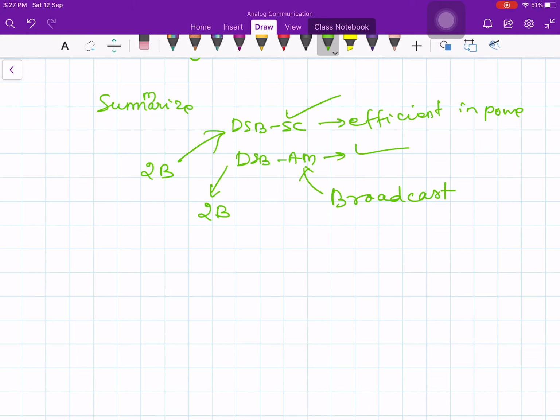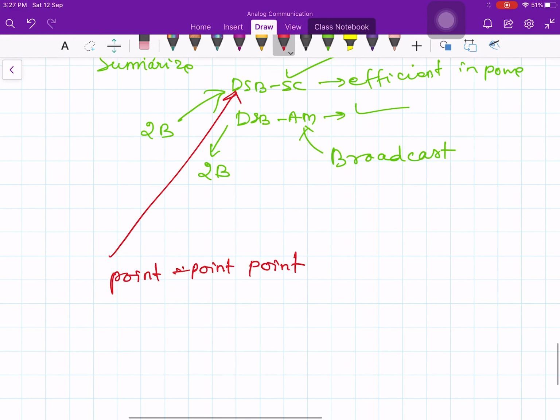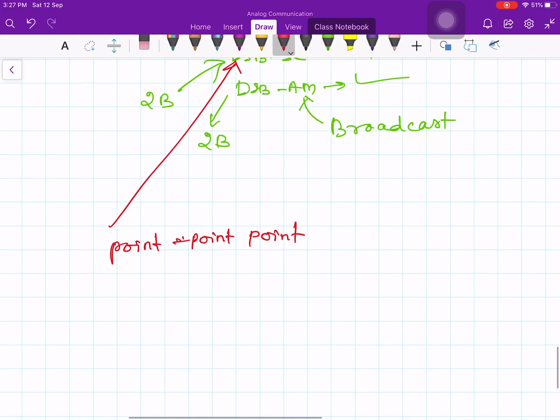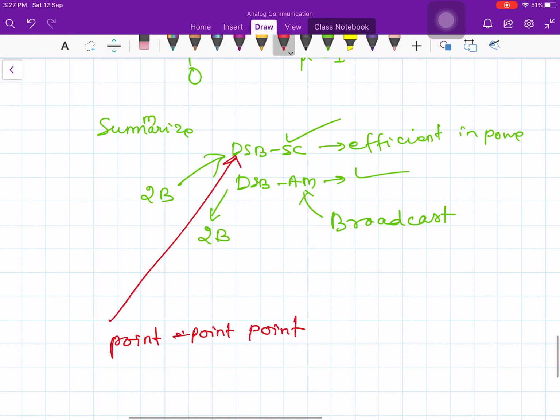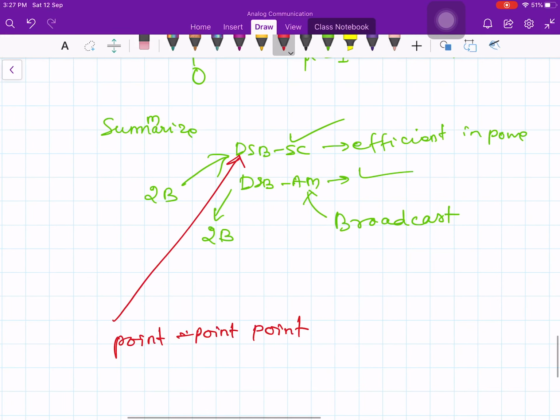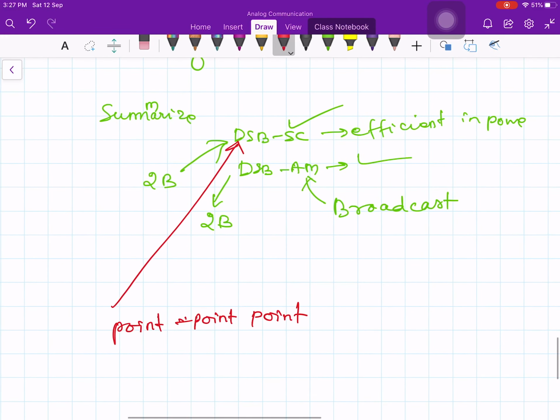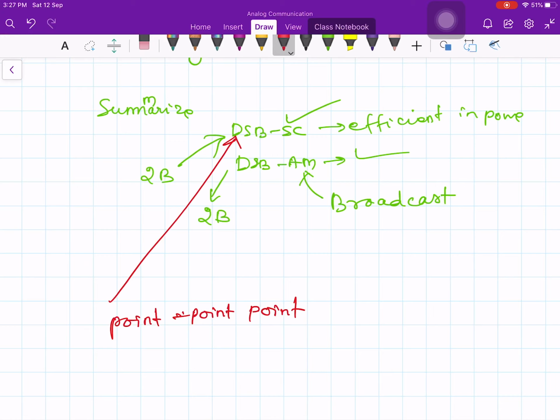However, when power efficiency is important, like in point-to-point communications, you should go for DSBSC. Okay, so power efficiency is very important in that. We should not use DSBSC in broadcast applications. For broadcast applications, you always go for DSBAM rather than DSBSC.